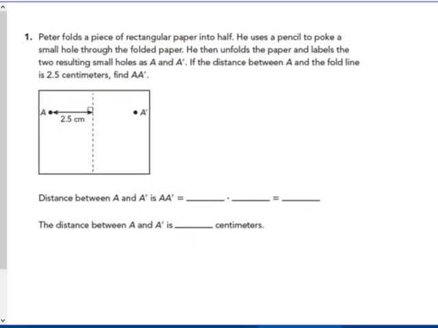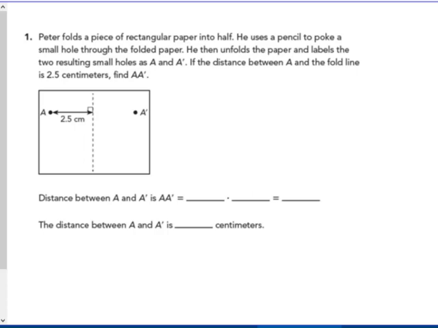Peter folds a piece of rectangular paper into half. He uses a pencil to poke a small hole through the folded paper. He then unfolds the paper and labels the 2 resulting small holes A and A prime. If the distance between A and the fold line is 2.5 centimeters, then find A all the way over to A prime.